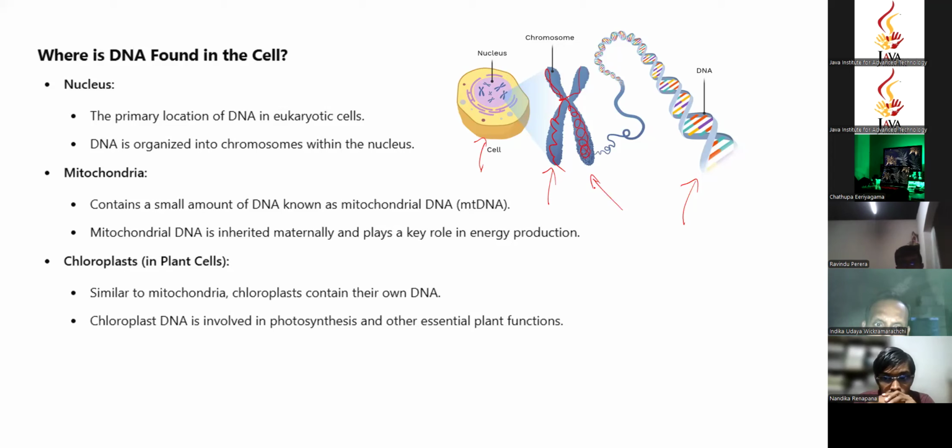Now what is the relationship between the chromosome, DNA, and the most important part to us, a gene? So now we know the relationship between the DNA and the chromosome. DNA is like a double helix. We call the shape a double helix, like this staircase, as I mentioned.